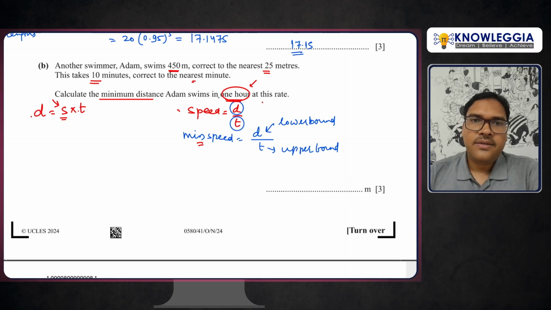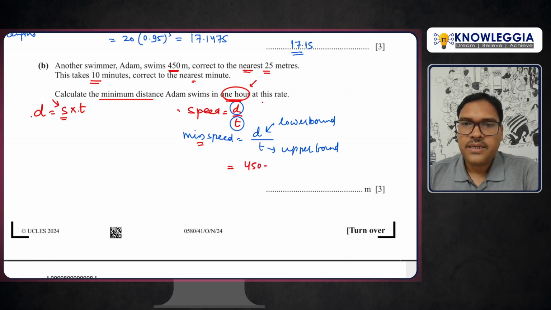Now it is given that this 450 meter is to the nearest 25 meter. So what is the lower bound of the distance? You can say the lower bound of the distance will be 450 minus 25 by 2, that is the lower bound. And what is the upper bound of time?